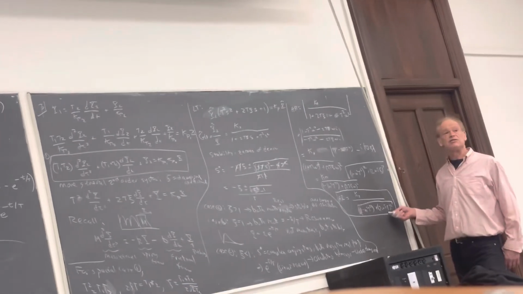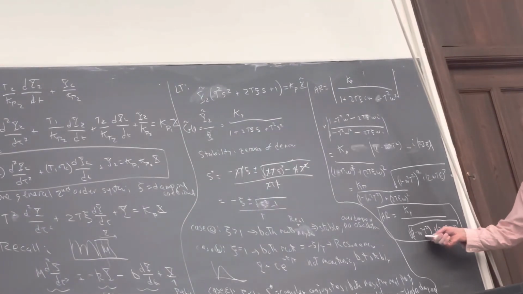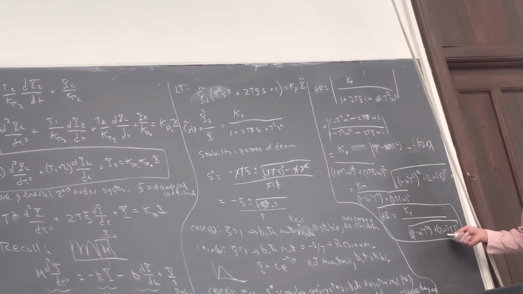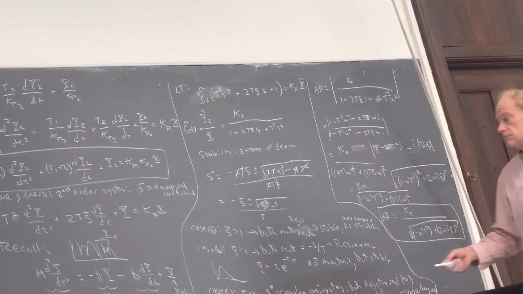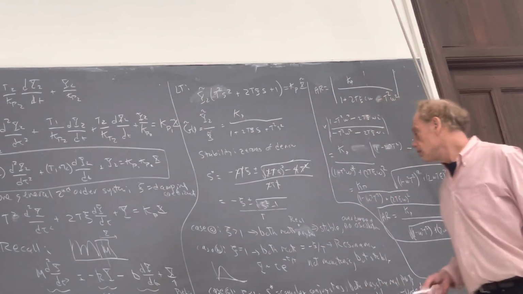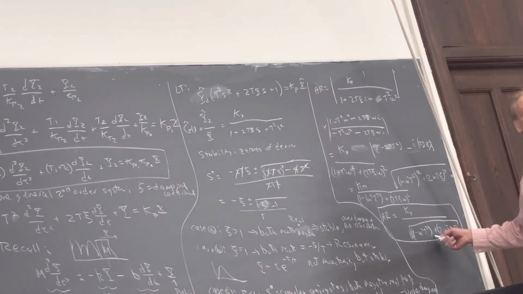For some values of c, since I have a minus here, and then I add something, if I don't add enough, this thing can still be less than 1. If I add a lot, this thing will be greater than 1. So when c is large, then the amplitude ratio gets reduced. But when c is small, in this particular case, then in fact it doesn't have to get reduced. The denominator can be less than 1.